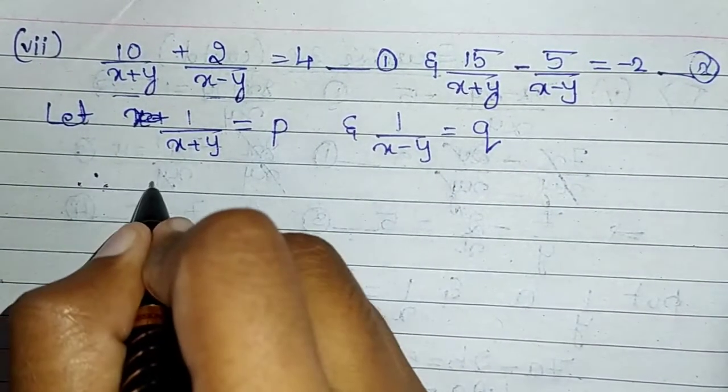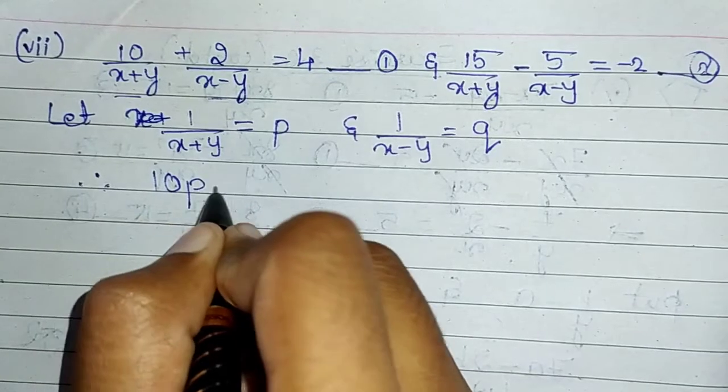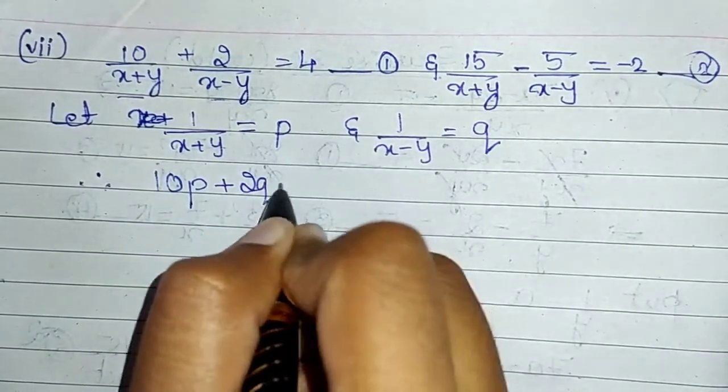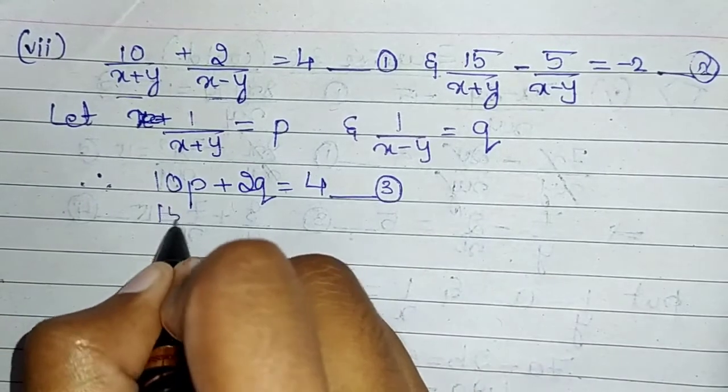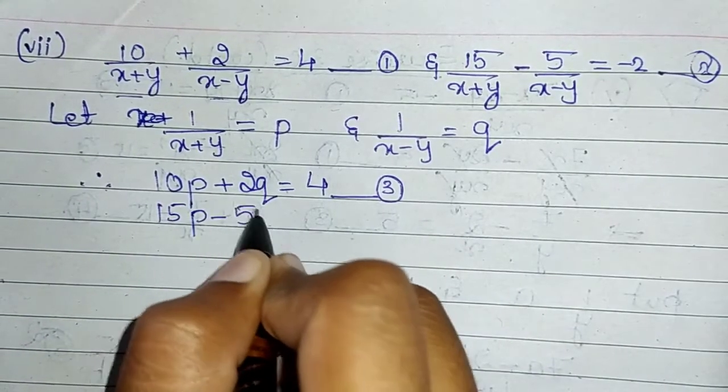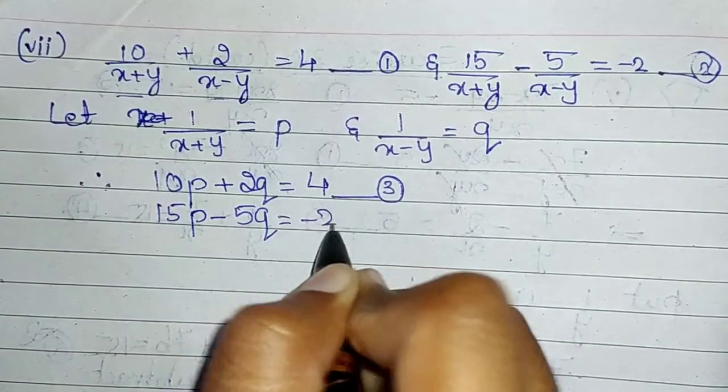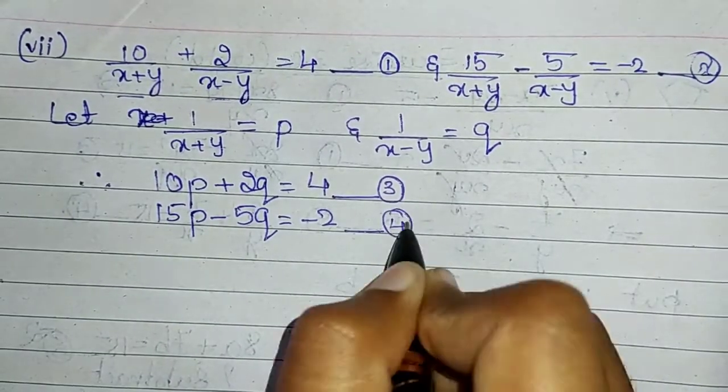Therefore, rewriting the equations, we get 10p plus 2q is equal to 4, third equation, and 15p minus 5q is equal to minus 2. This is the fourth equation.